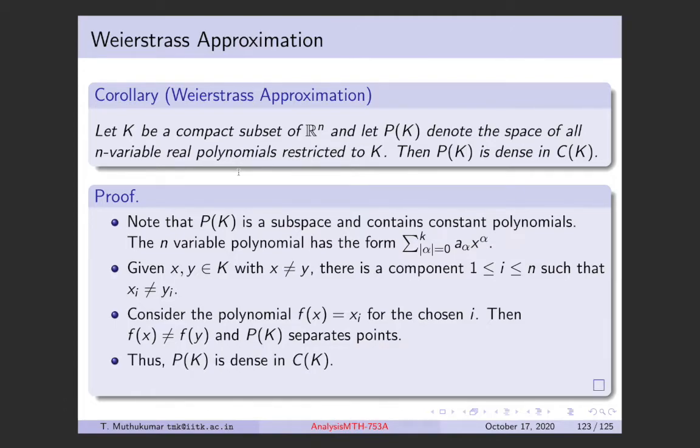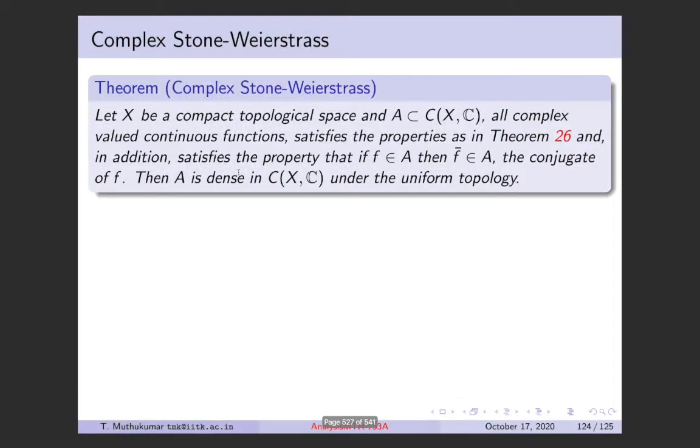Okay, now let's try to do the complex Stone-Weierstrass theorem. It is the same as the previous one, but now you have an additional property. First you have continuous functions which are complex valued, and A is a subset of that. It satisfies the properties as in theorem 26: it is a subspace, constant functions are contained, it separates points, and it is closed under pointwise product.